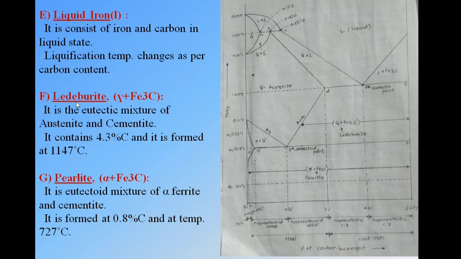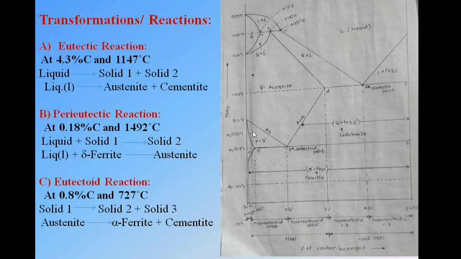Okay, next, ledeburite. Where is it? This is ledeburite. See what it has: austenite plus cementite. It is a eutectic mixture. Why is it a eutectic mixture here? The eutectic point is there, so this is a eutectic mixture of austenite plus Fe3C.